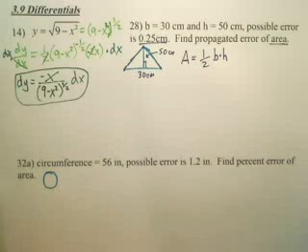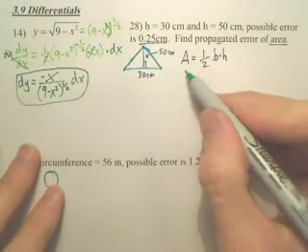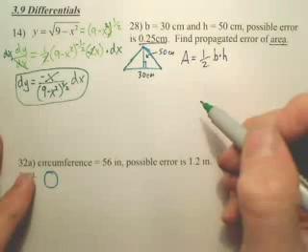Now, if I wanted to find my propagated error, what I want to do is derive my area by either base or height. It doesn't really matter which one.